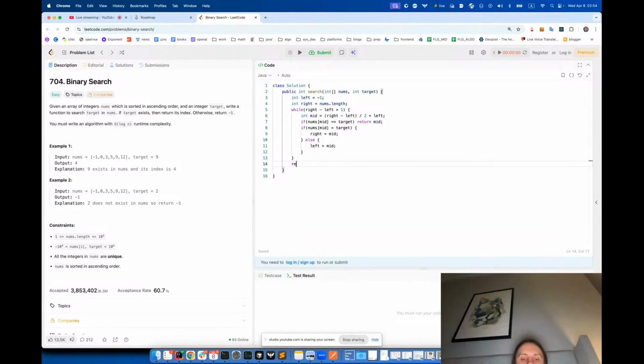So we can check if left is equal to -1, then we return right, otherwise we return left, or otherwise, no, here we don't need to return actually anything. We just need to return -1, I believe.